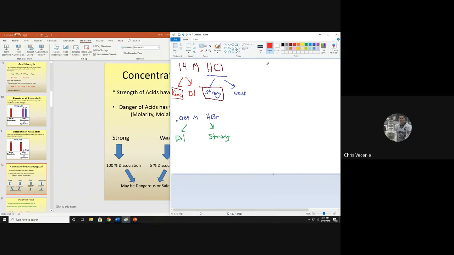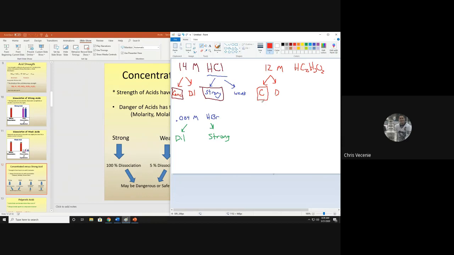Right? So I could have something that is 12 molar, and then acetic acid is hydrogen acetate, HC2H3O2. So again, the number tells me concentrated or dilute. The 12 is a big number.